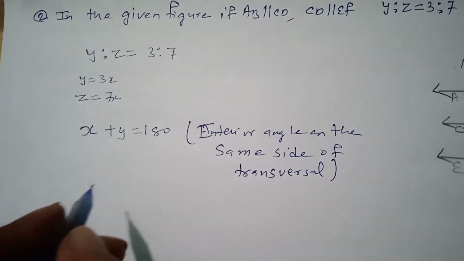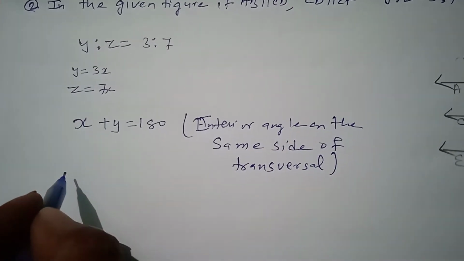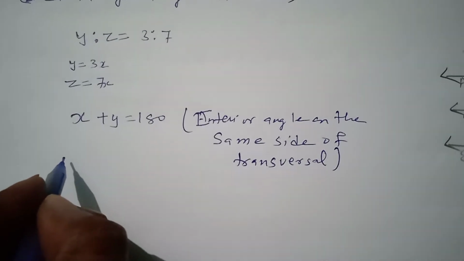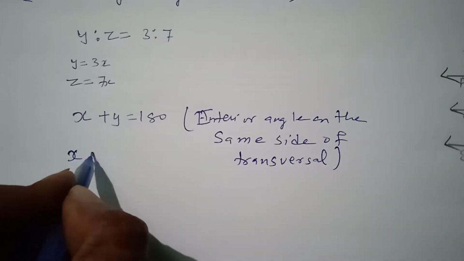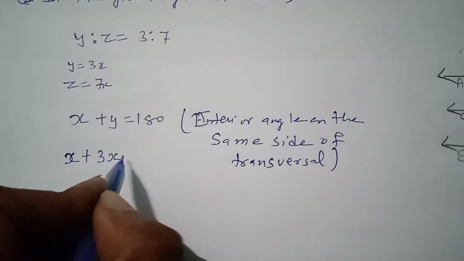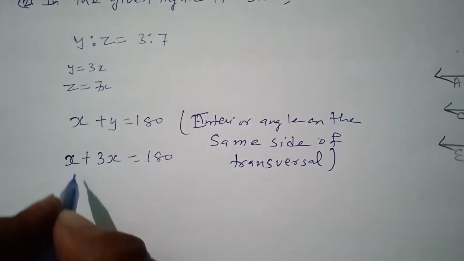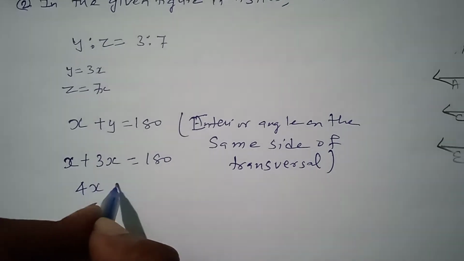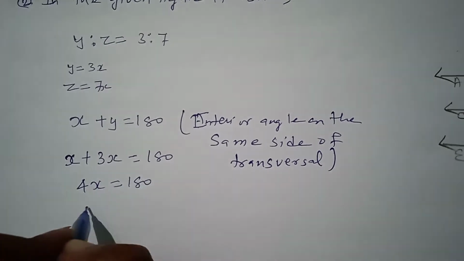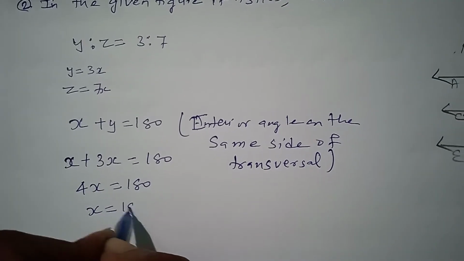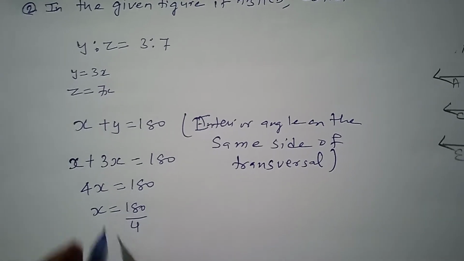Here the value of x is not given, but the value of y is given. Value of y is 3x, so 3x plus x, 4x is equal to 180. X is equal to 180 divided by 4.